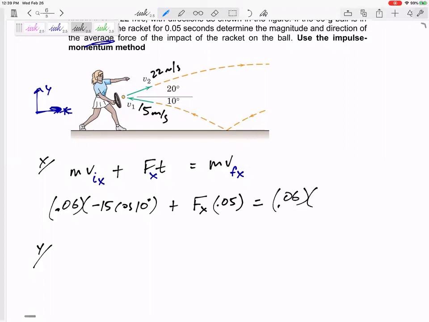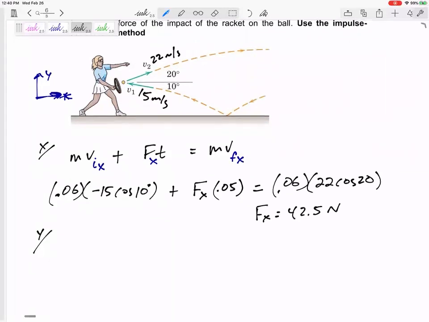And its final velocity is to the right, 22 cosine 20. That only has one unknown. I can solve for the force in the X direction, 42.5 newtons. That is the X component of the impulsive force.